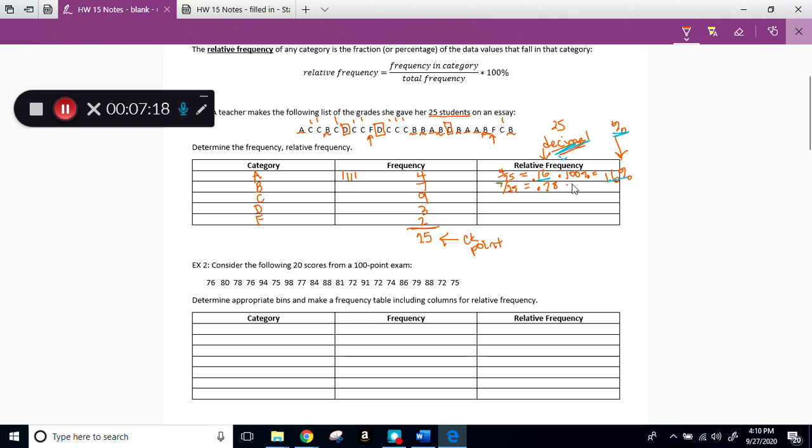And then I need to multiply that by 100% to get the percentage as well. Or we could just think about it as moving 2 decimal places to the right, 28%. So you could do that either way if you remembered that it goes 2 decimal places, or you could multiply it by 100.